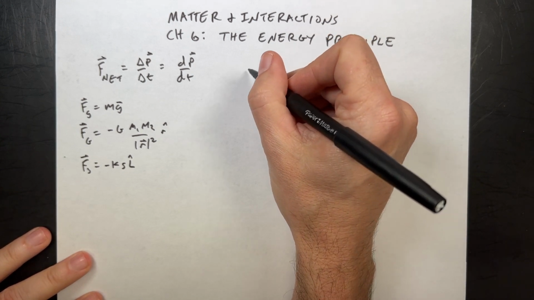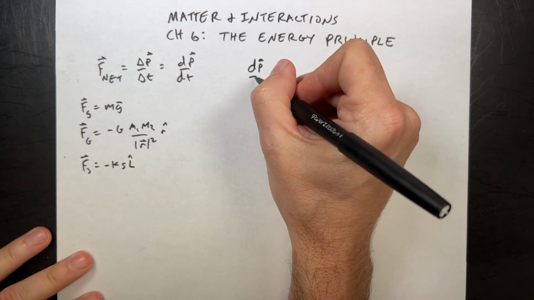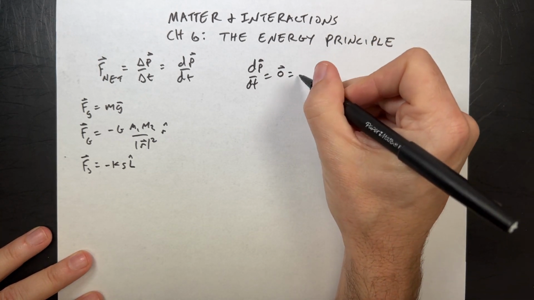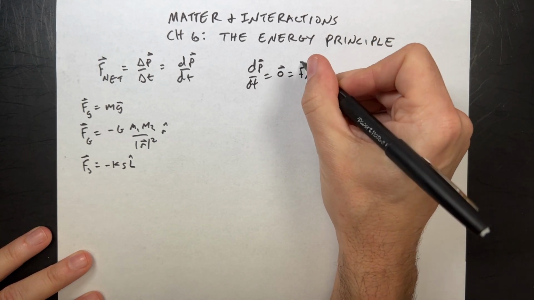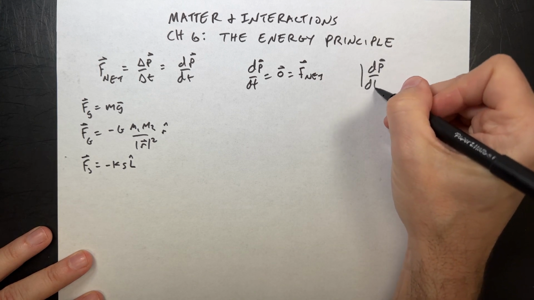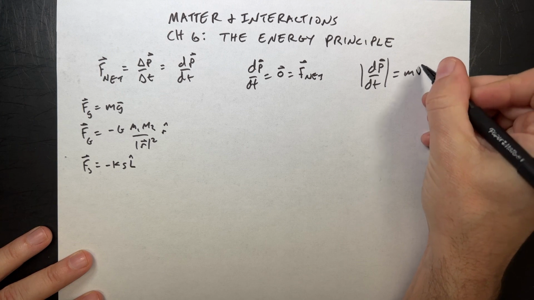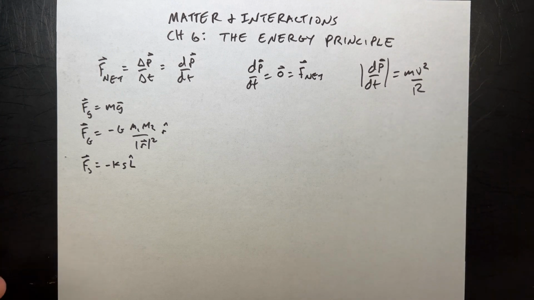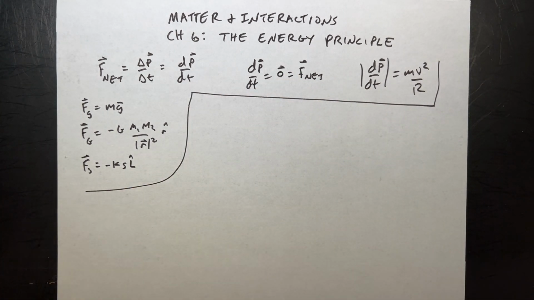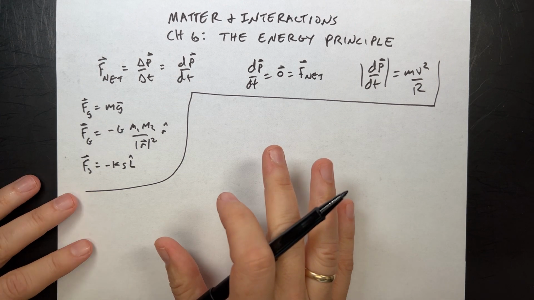I knew that dp/dt was 0, and so that meant the net force was 0. Or the magnitude of dp/dt was mv squared over r, and that would be the case for something moving in a circle. So that's all we've done so far. There are a lot of little details, but that's fine.